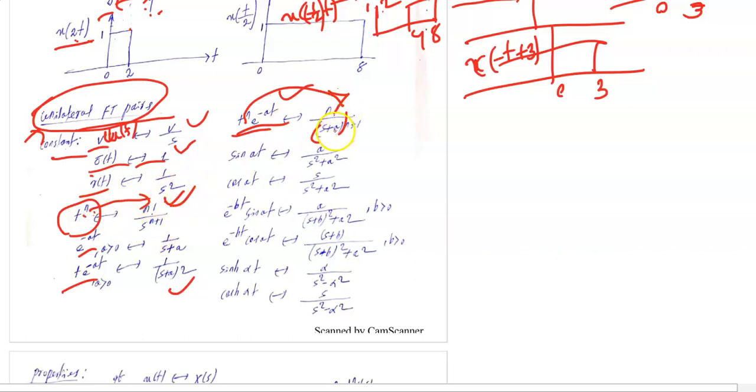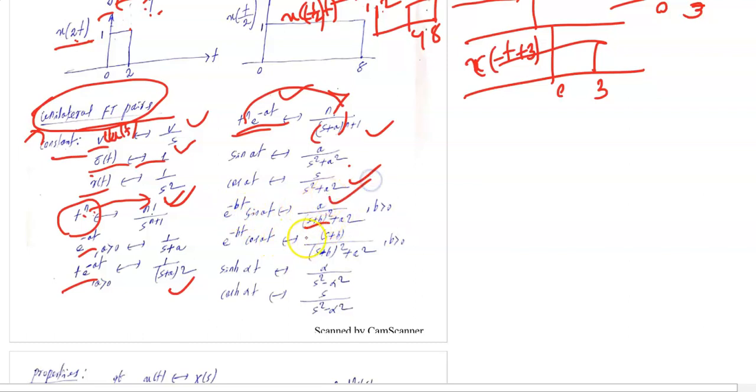So in place of s plus a, there is a property we'll discuss. sin(at) gives a/(s^2+a^2), cos(at) gives s/(s^2+a^2). For e^(bt) sin(at), wherever there is s, just add the b.